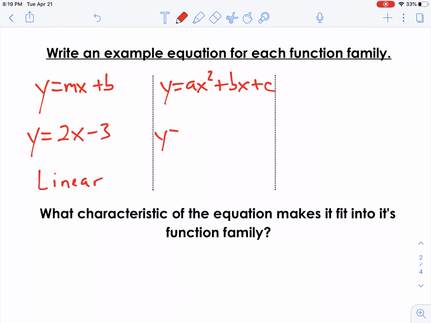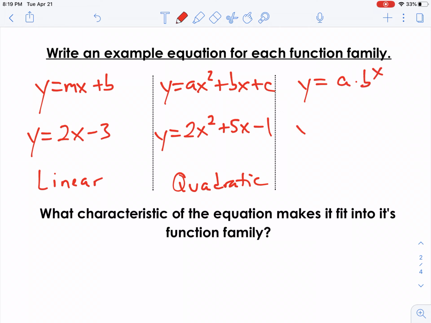So y equals 2x squared plus 5x minus 1. That's a quadratic example. And then an exponential, a times b to the x power. So maybe y equals 2 times 3 to the x. That's exponential.